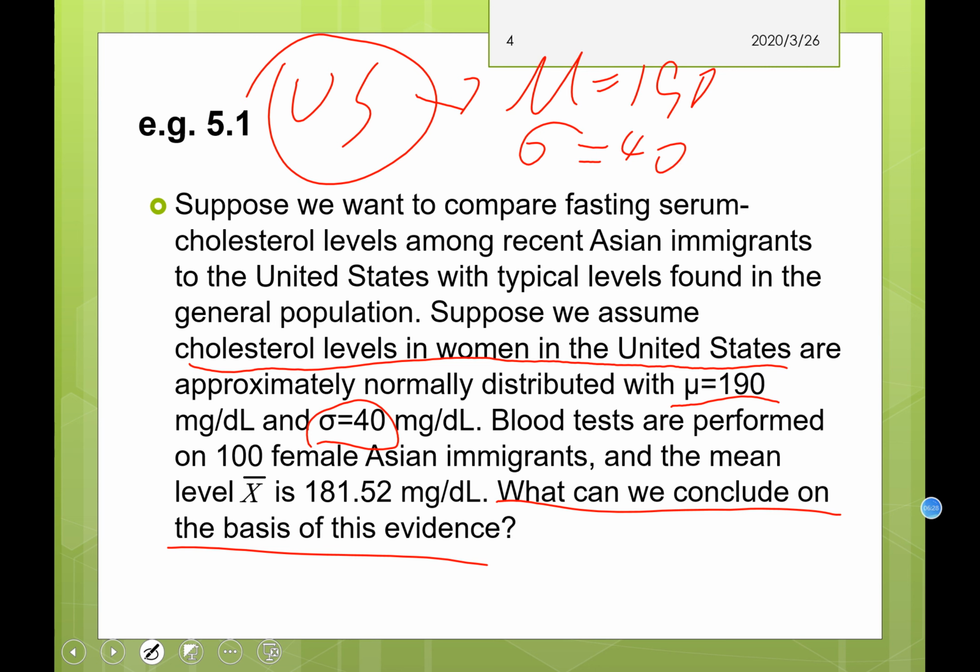And next one, let's find another number. Blood tests are performed on 100 female Asian immigrants. Here, there is another number, 100. So what's the meaning of 100? It's the number of persons, right?